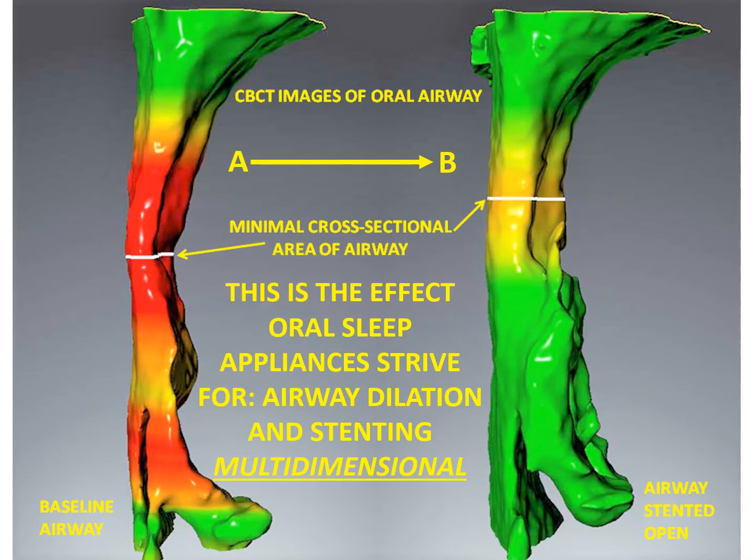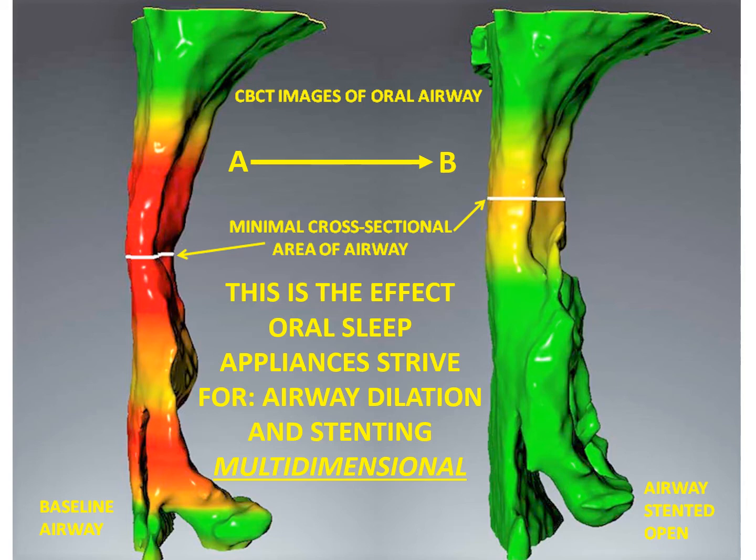So here's a picture. On the left is a cone beam rendering of a narrow airway, and on the right, an airway stented open. These two views represent the same airway before and after multidimensional airway stenting, such as can be accomplished with an intraoral sleep appliance.